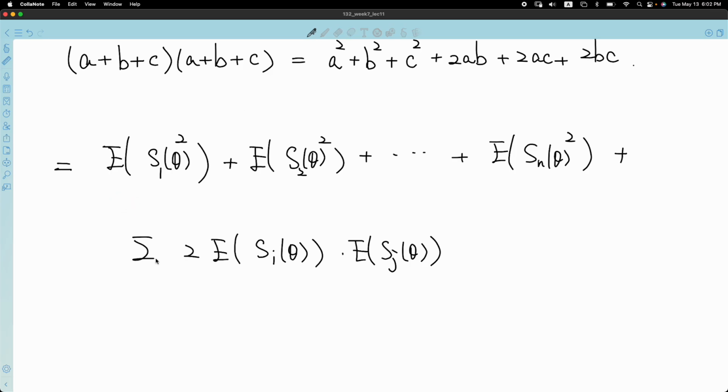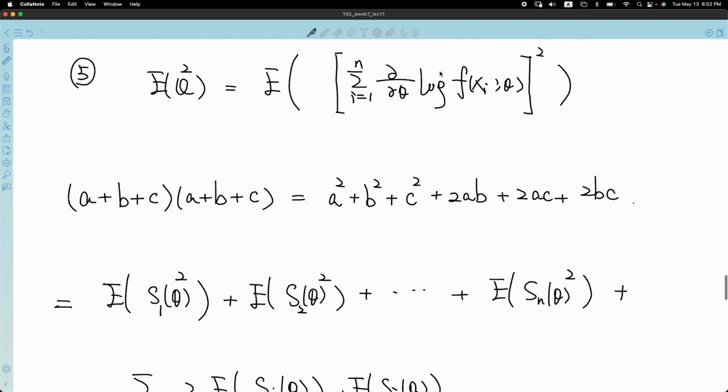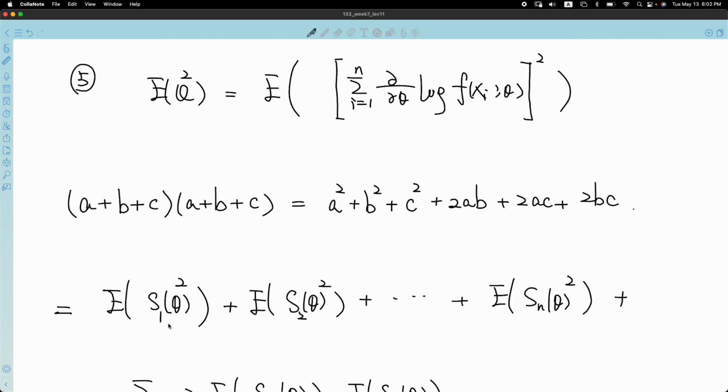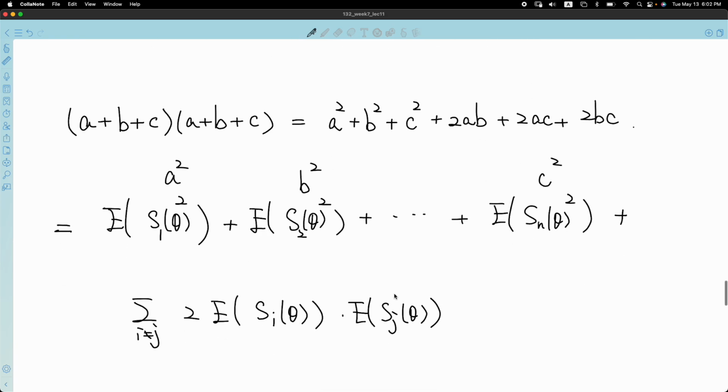I'm just generalizing this expression. When you have the sum of 3 terms, a plus b plus c, and take the square, you have a squared, b squared, c squared, and then the cross product terms: 2ab plus 2ac plus 2bc. This one is all the cross terms.